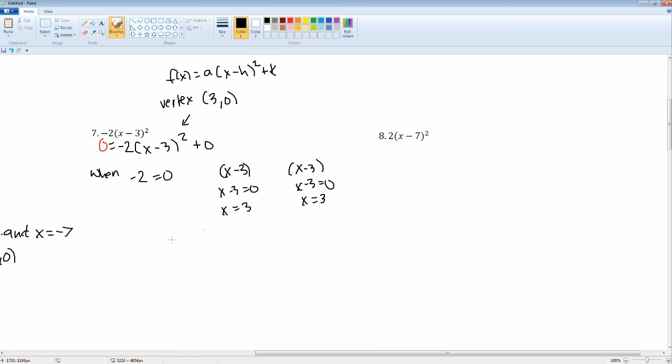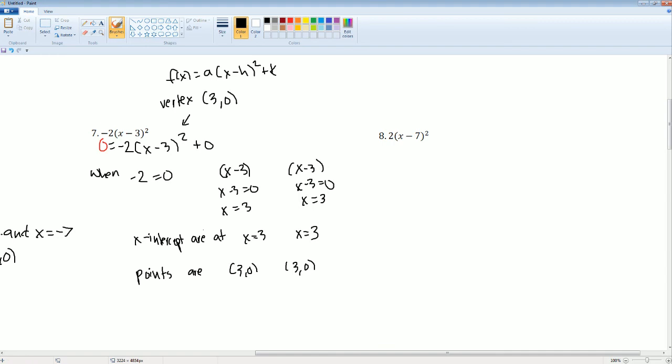Remember? So the x-intercepts are at x equals 3 and x equals 3. So the points are 3, comma 0 and 3, comma 0.